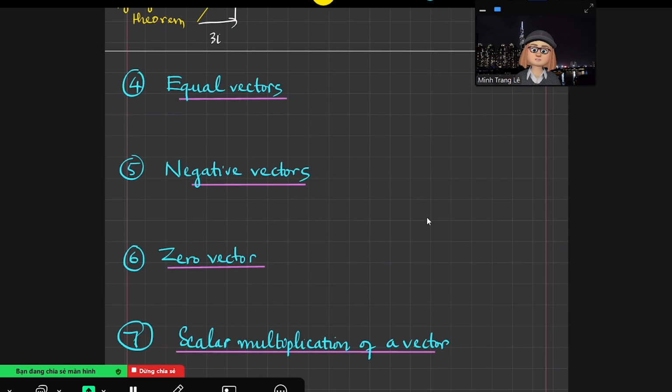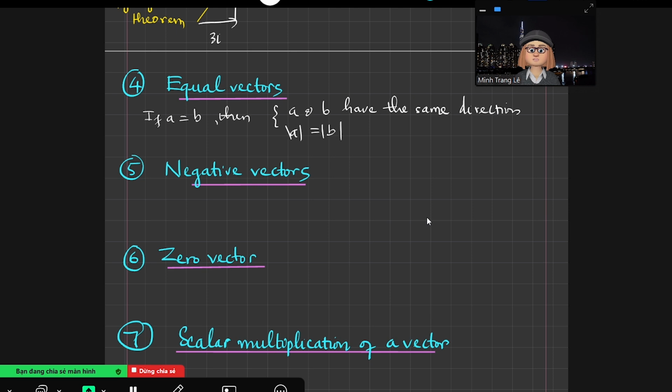Let's continue with equal vectors. If a equals b, then a and b have the same direction, and the magnitude of a equals the magnitude of b.